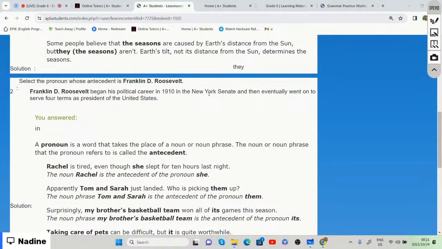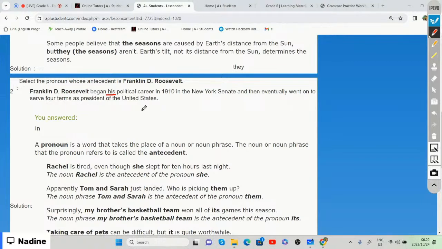We need to select the pronoun. All right, so if we select the pronoun, then we can say his. So his is referring to Franklin D. Roosevelt.